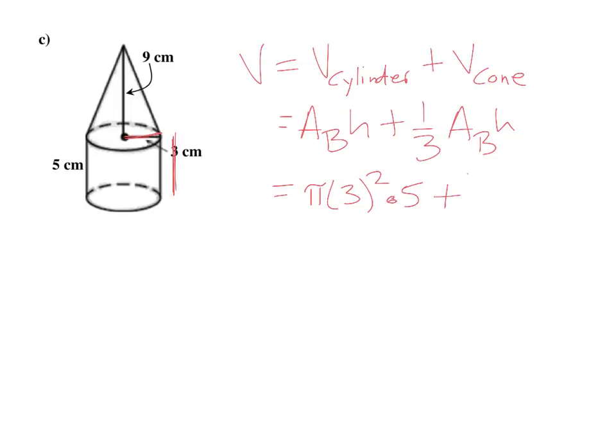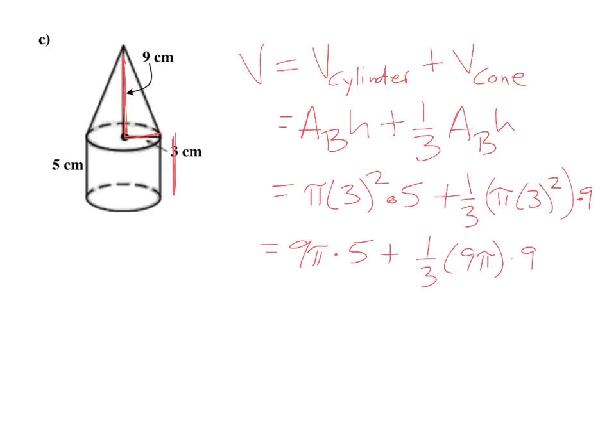Now I have plus 1/3. What's the area of the base for the cone? It's a circle, so pi 3 squared. What's the height of the cone? 9. All right, so I end up with 9 pi times 5 plus 1/3 times 9 pi times 9.